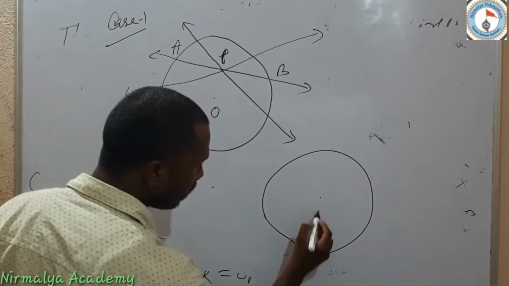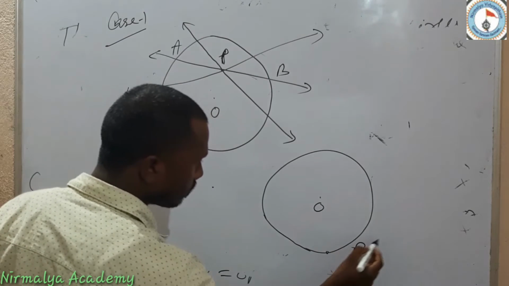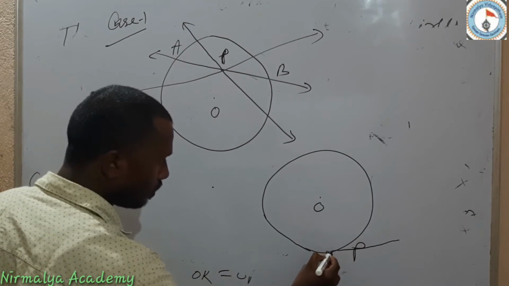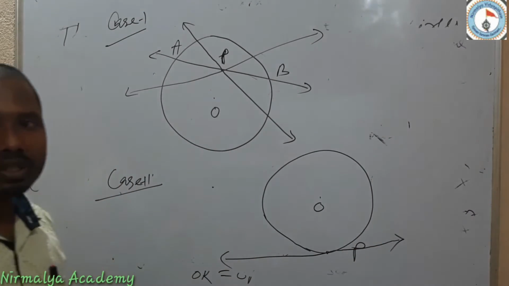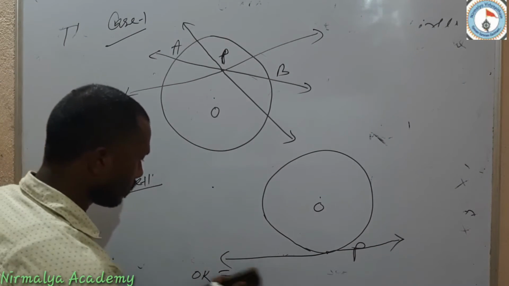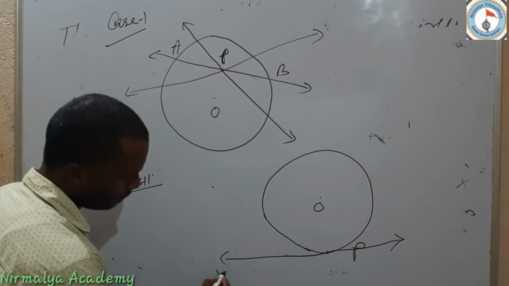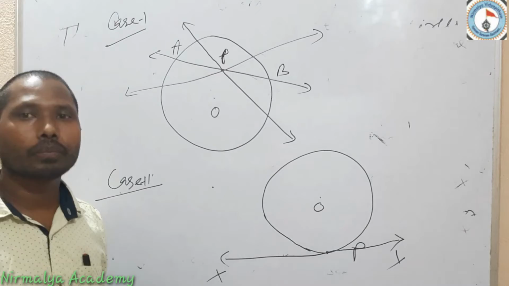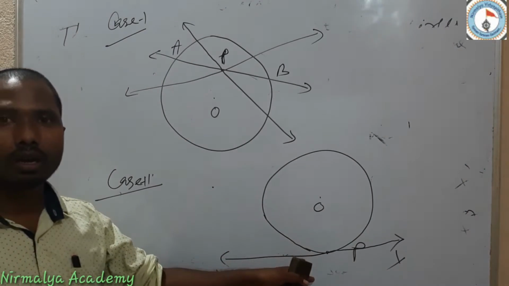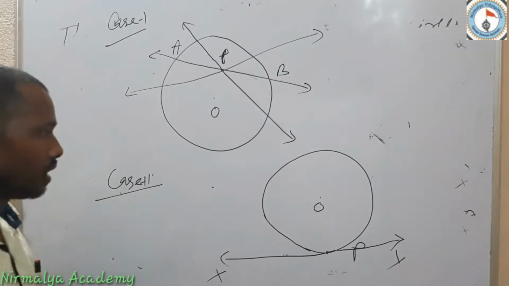When a point lies on the circle, in this case, we can draw only one tangent to a circle through a point on the circle. Only one tangent can be drawn through a point lying on the circle.